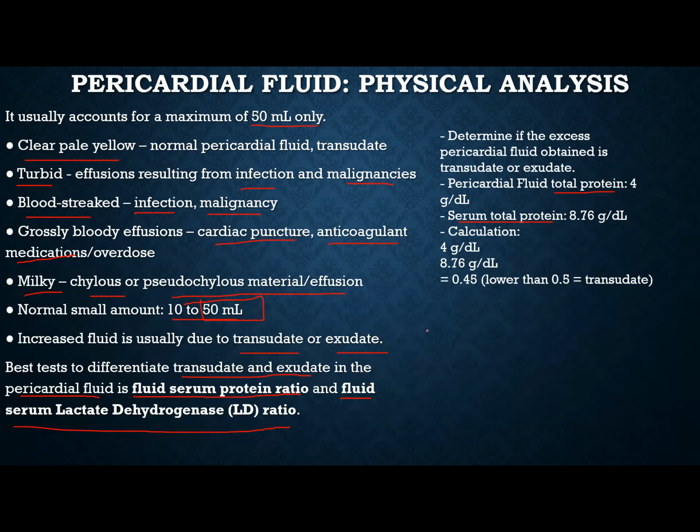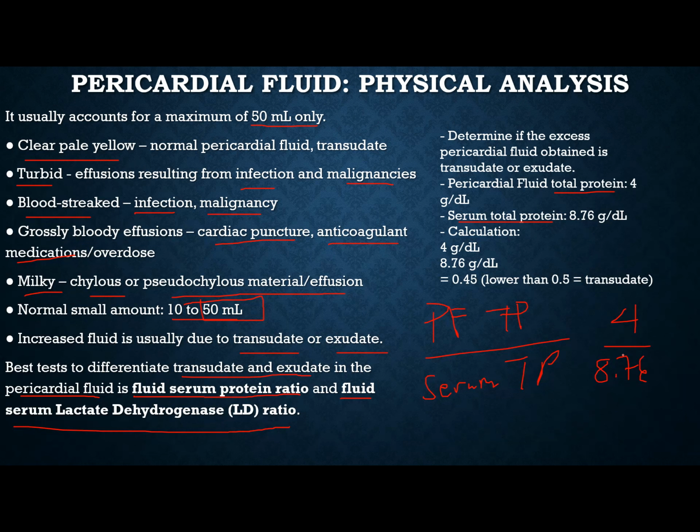So ang gagawin nyo lang, class, you would divide the pericardial fluid total protein over the serum total protein. So this is one way to identify if it's a transudate or exudate. Let's say, class, in this example, the total protein of the pericardial fluid is 4 and the serum total protein of the patient is 8.76.